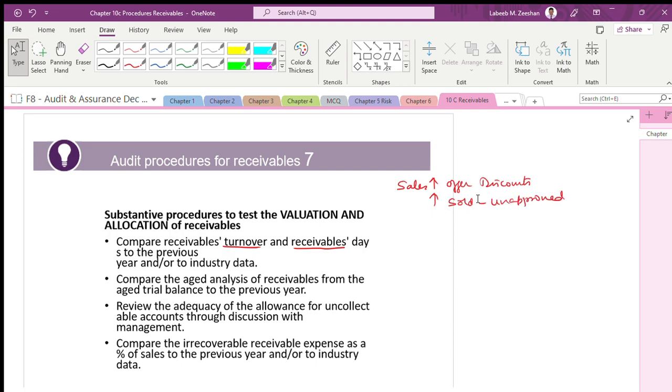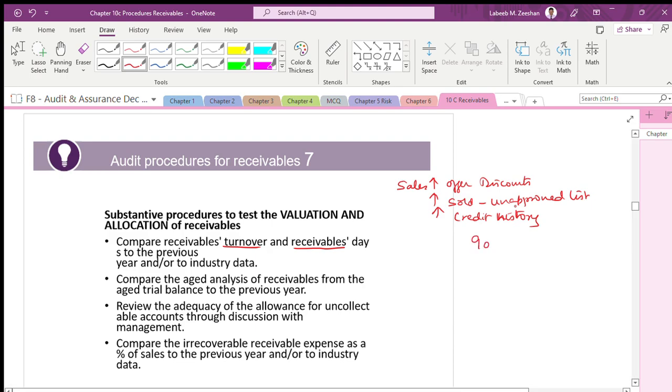To increase the sales, they have not taken into consideration the credit history of the clients. This will lead to a change in receivables turnover. Receivable days should be less, 90 days.